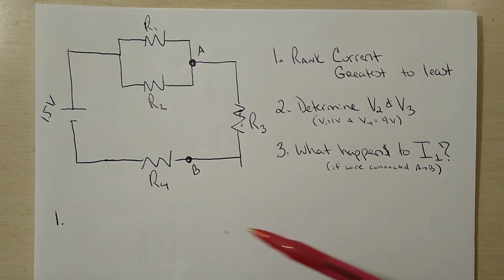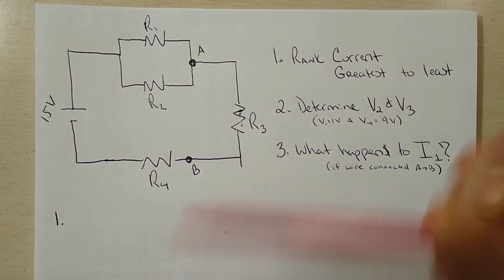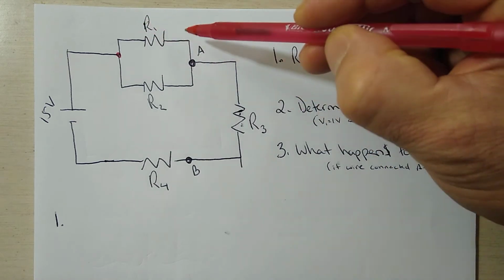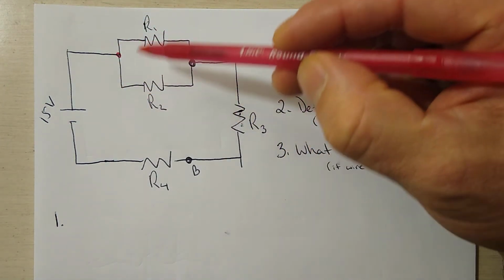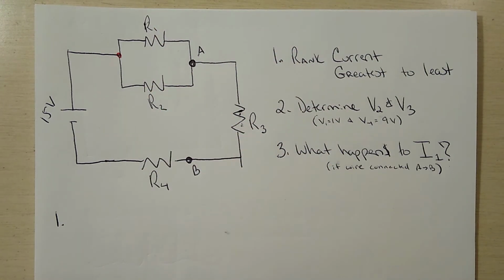So the current leaves the battery and gets to this junction here, and some of it will go through the top resistor and some will go through the bottom resistor. So I know both R1 and R2 don't have the full total amount of the current.